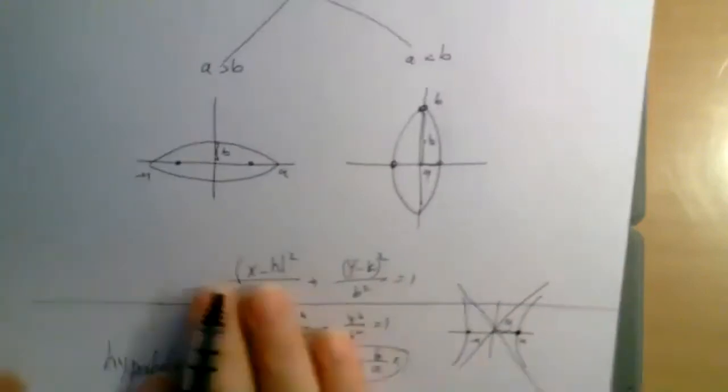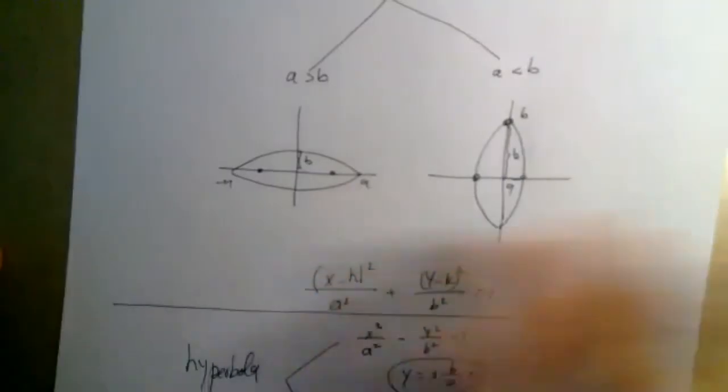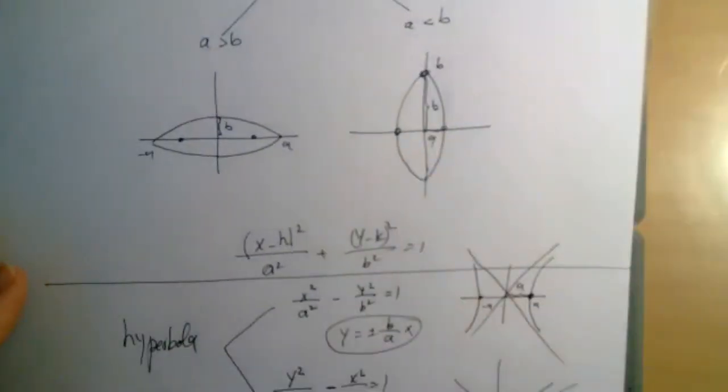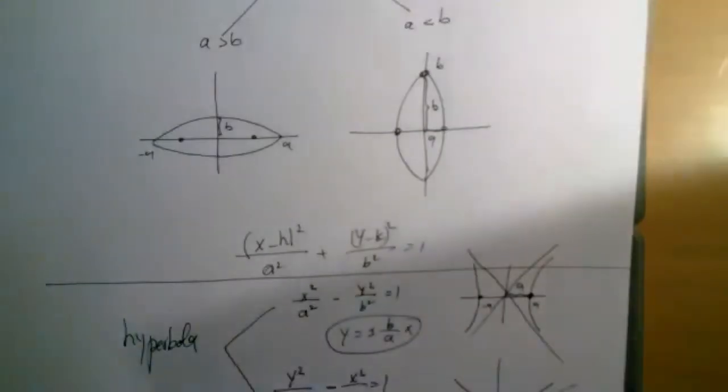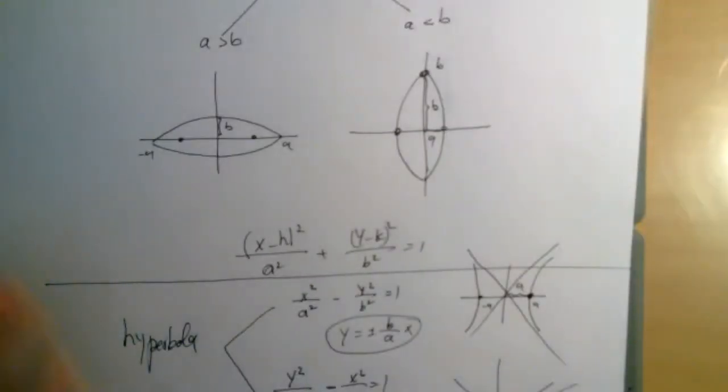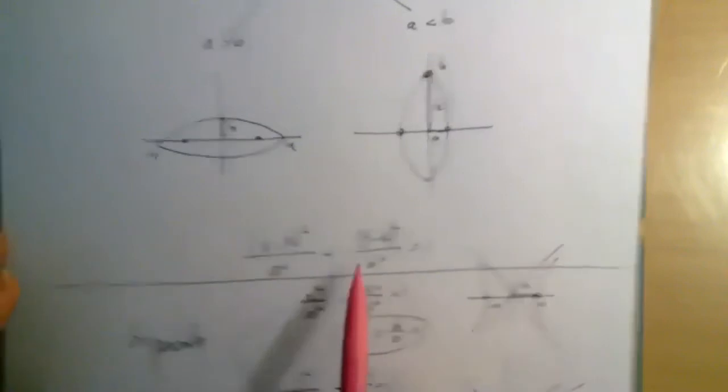So the idea we're going to talk about today is that sometimes the conic sections come in a form that I call in disguise. It means they don't come in this nice format.